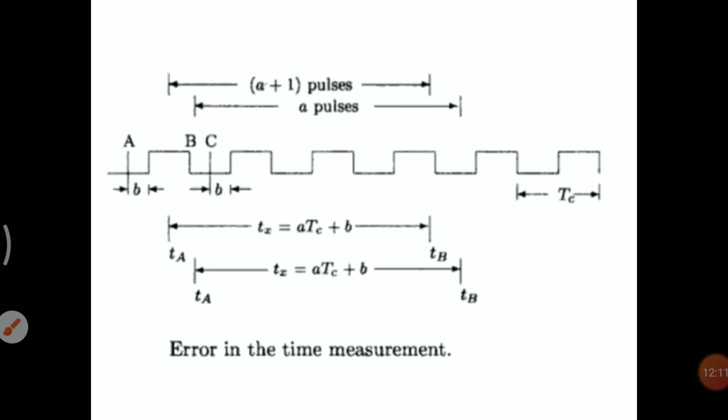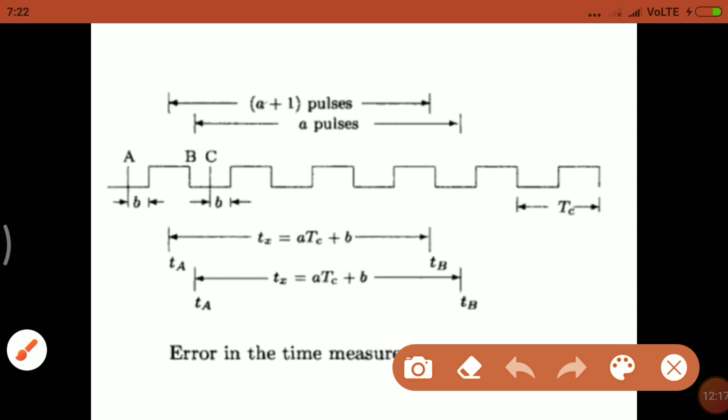Now let's say first case. Let's say the event occurs between A and B point. If you observe here, the event occurs between A and B point, and between A and B there is TA, and it ends at TB.